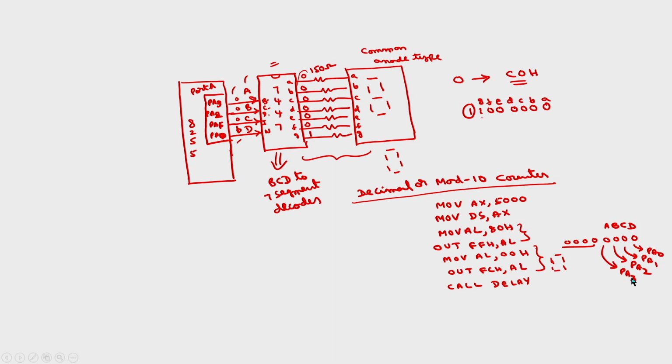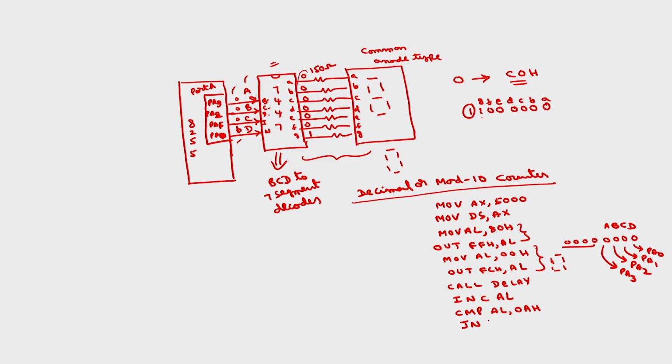After that I will write INC AL. I will compare AL with 0AH, because I want to display up to 9. So I am comparing with 10. Whenever this AL becomes 10, these two will be equal, and it will come out of the loop. 10 will not be displayed, it will display only up to 9. I use the jump not equal up instruction.